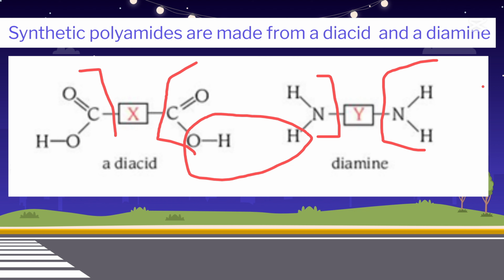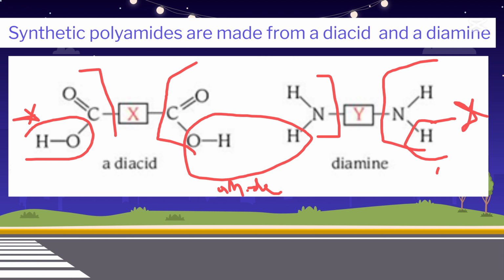And we can add another dicarboxylic acid right here, which would be linked to this hydrogen. We could also add another diamine here, which would bond with this OH to make another amide link. So we could make an amide link right here. This is going to be our amide linkage.